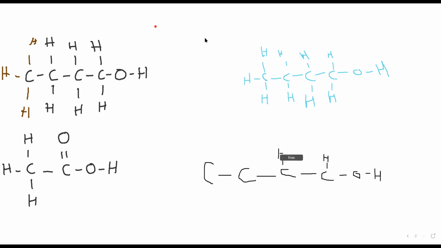Sir, this is like the one which I drew. It's incorrect for ethanoic acid, right? This is C double bonded with O. It is ethanoic acid. That's correct. It's correct. Okay. Because eth means two carbons and oic acid is for C double bonded with O and OH.